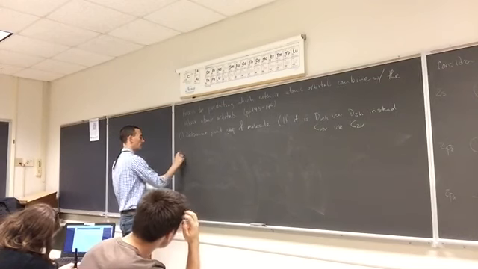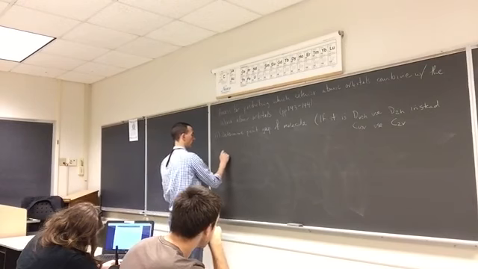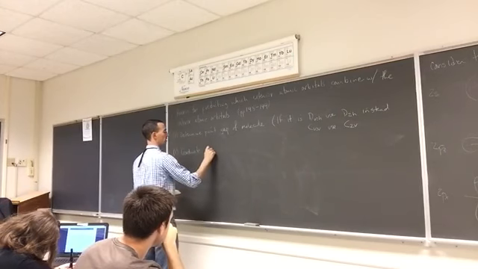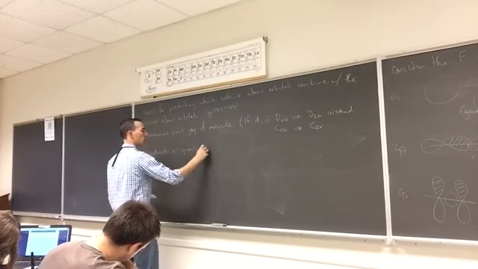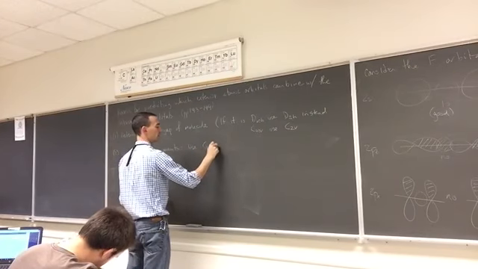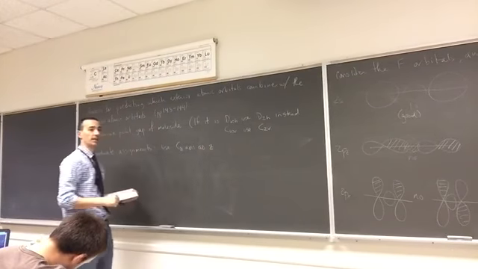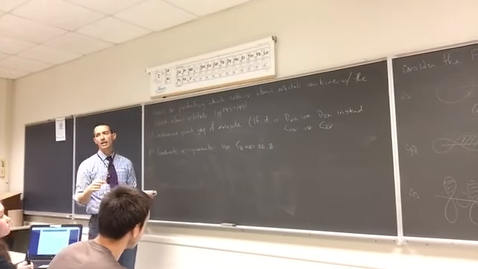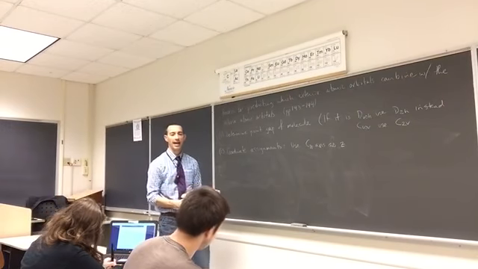The second step is to assign your coordinates. What you want to do is use the Cn axis as z. So if you had a C2, a C3, a C4, just like we did last chapter with symmetry, you want to retain that as your z-axis.